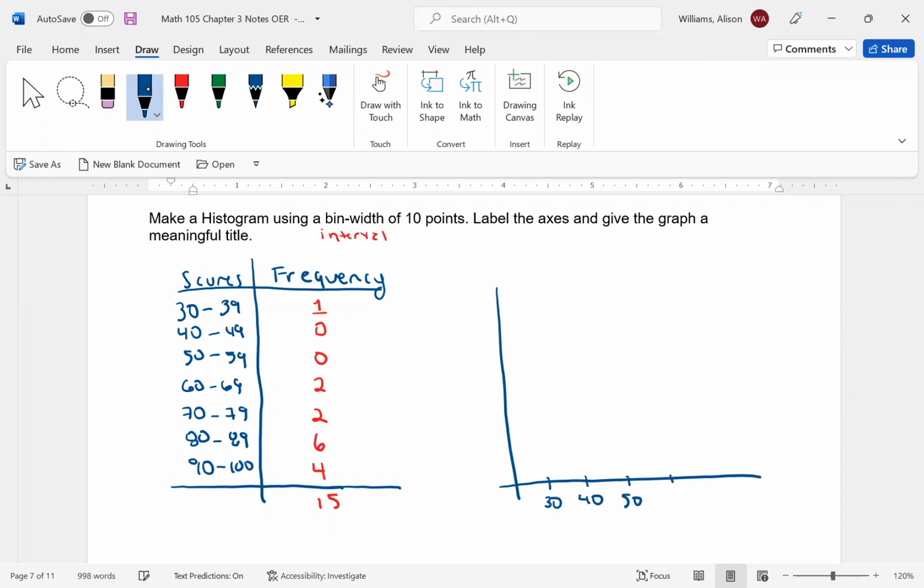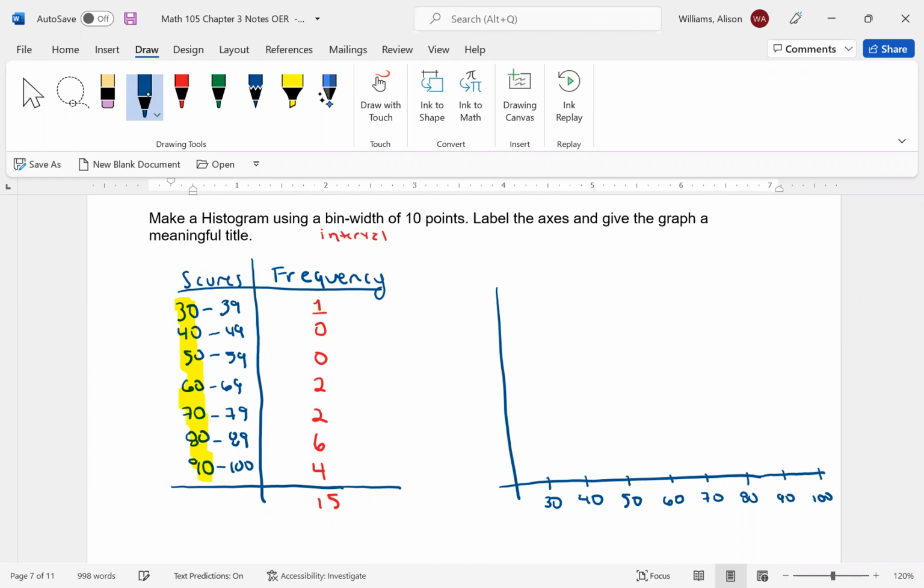So you'll notice what I'm doing is I'm labeling these first categories. Those are what I'm labeling on the graph. Because each tick mark is going to represent the start of a new category. 80, 90, and then we'll end at 100.